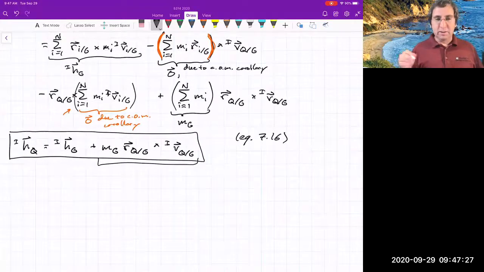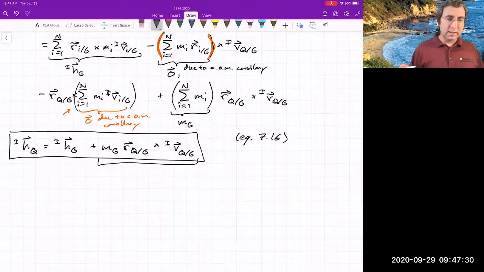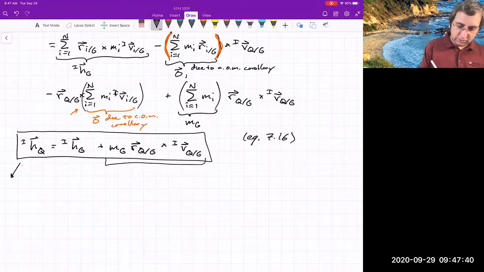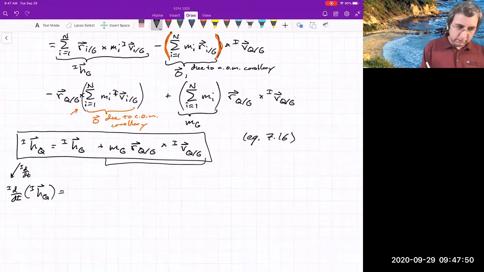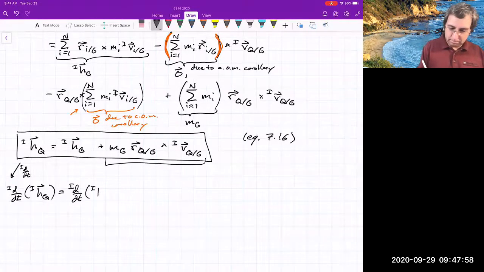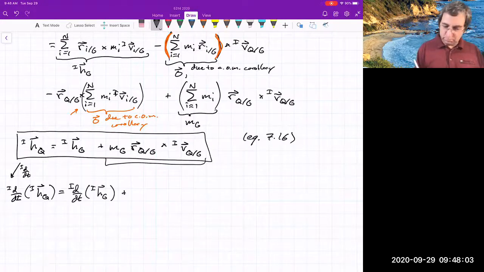The real power in writing things this way is when you now take the inertial derivative and get the rate of change of the angular momentum with respect to Q. So we take an inertial derivative. And then this equals, on the right-hand side, an inertial derivative of that first term plus an inertial derivative of the second term.